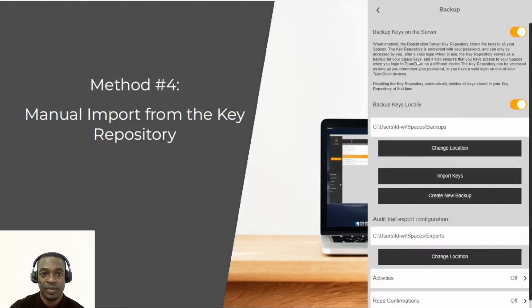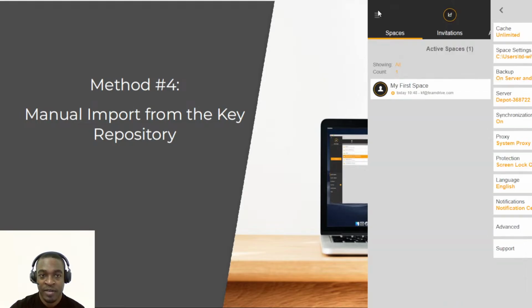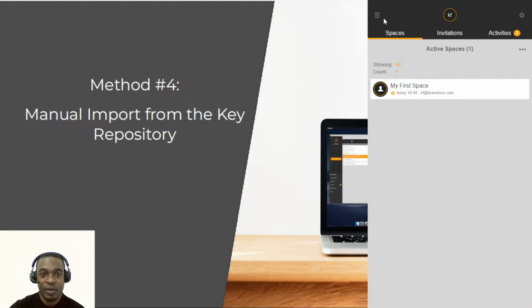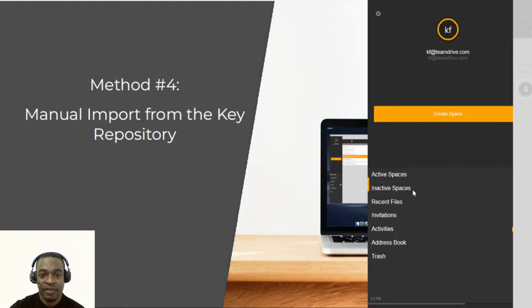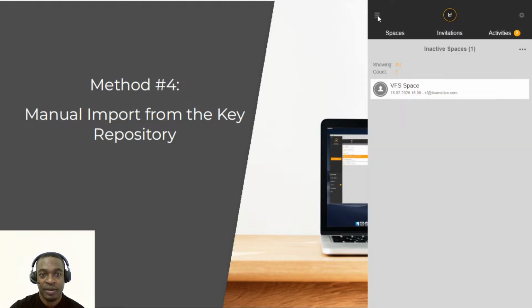So that time we did see a small wheel turning, most likely because we imported from the server instead of from the local backup files. And then we go back to our inactive spaces, and we should see the keys that we've imported. Seems like I'm having some connection issues.